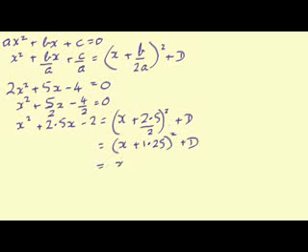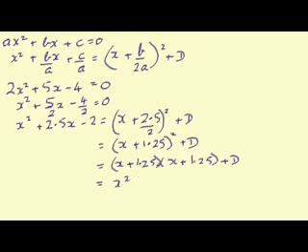If we multiply this out, x plus 1.25 times x plus 1.25, plus our d. Okay, working this out, x times x gives us x squared. x times 1.25 gives 1.25x. 1.25 times x gives plus 1.25x again.